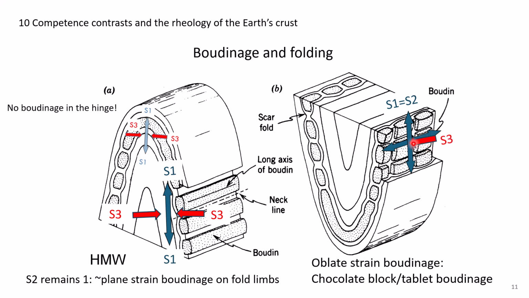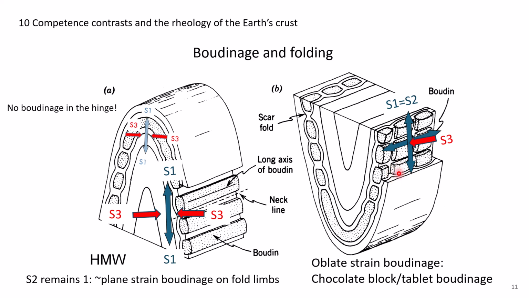Shortening takes place perpendicular to the layer. Stretching occurs in two dominant directions, and that breaks up the competent layer into these kinds of rectangular boudins with two boudin axes that are roughly perpendicular to each other.